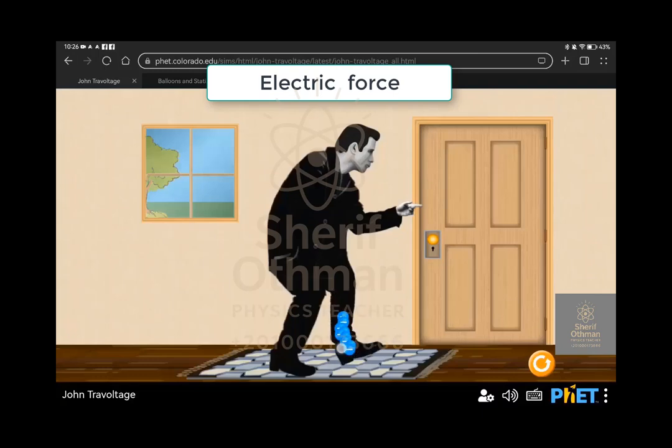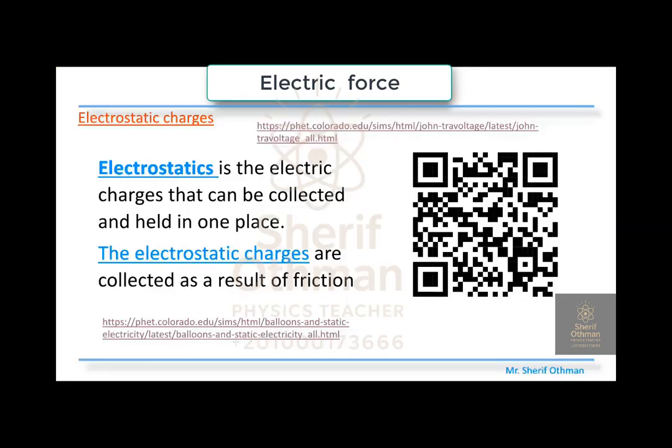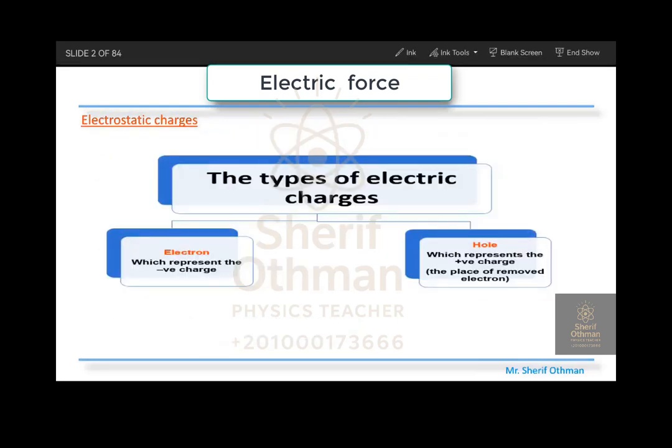That's the reason some of you are able to transfer electric current when you touch anybody. So we are able to define the electrostatic charge as the electric charge that can be collected and held in one place as a result of friction. Types of electric charge.